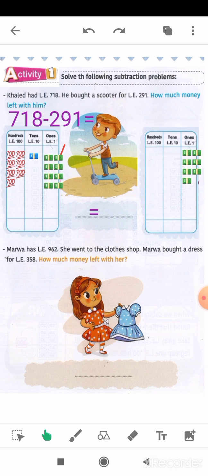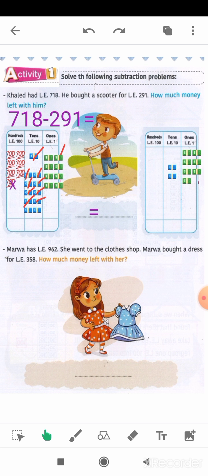It will be 8, 7, 1, 2, 3, 4, 5, 6, 7, and I will take 9 from 1 ten. I can't. So I will take 1 hundred and make it 10 tens. I take 1, 2, 3, 4, 5, 6, 7, 8, 9, so I take 9 from this money and the rest will be 2.